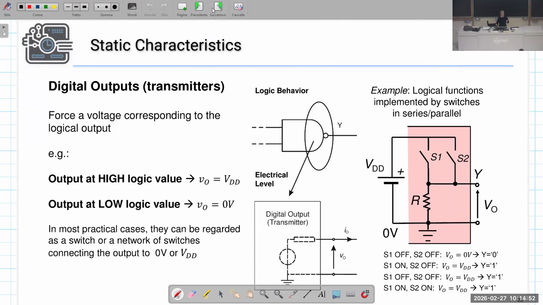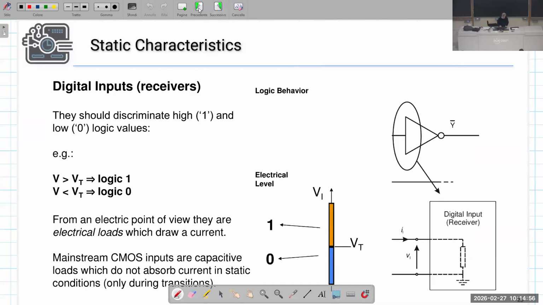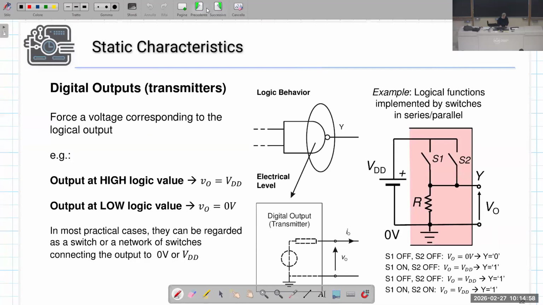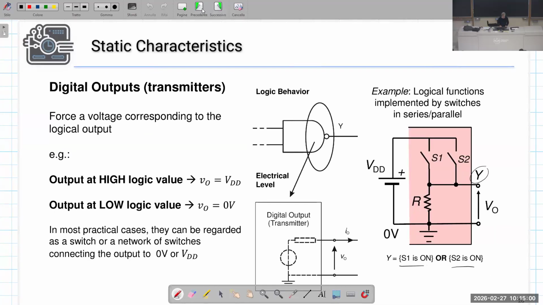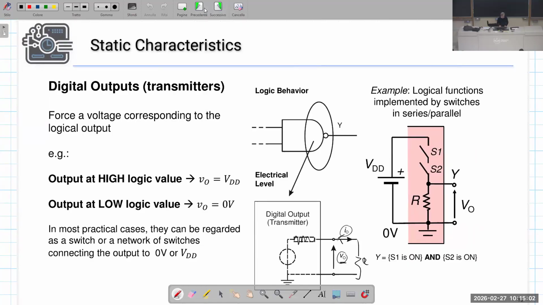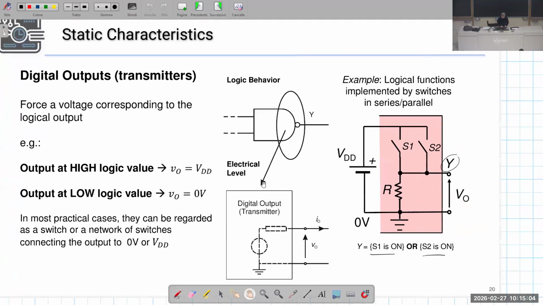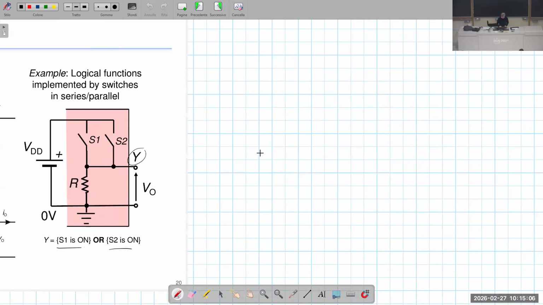So the message is that the logic levels are guaranteed in the case of resistive load. In case we have a resistive load, we have a limitation on the maximum current in magnitude that can be delivered at the high state.